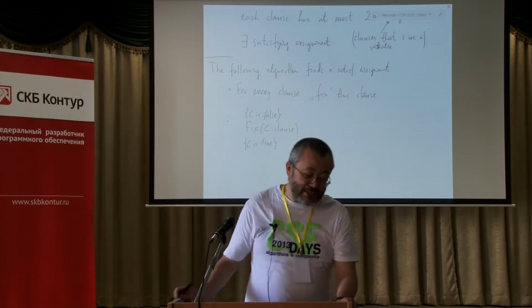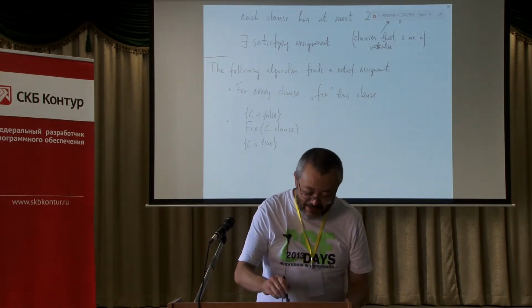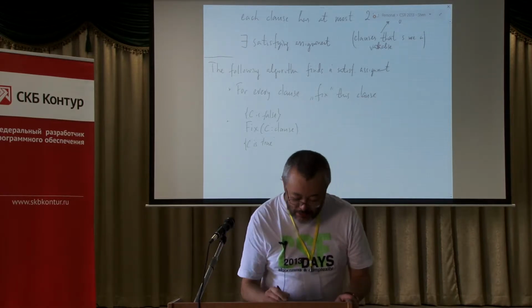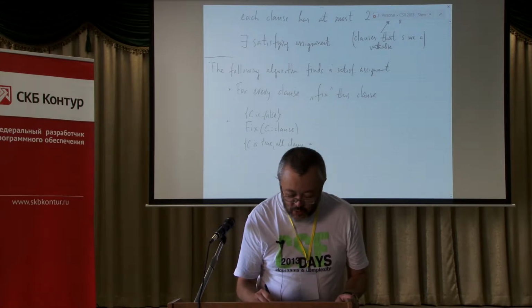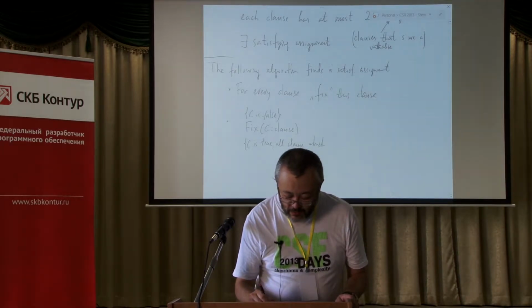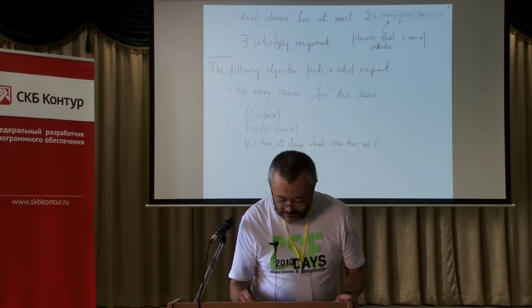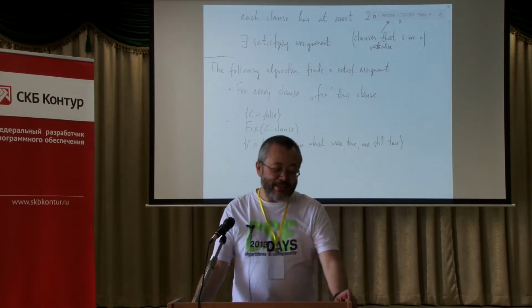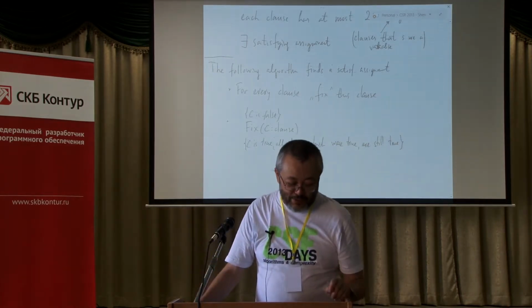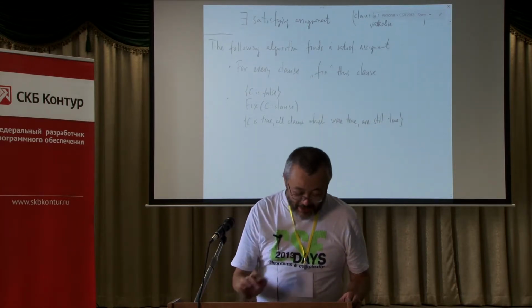Yeah, of course, it's stupid if we can fix just clauses, it's trivial. The problem is that this clause should be true, and all clauses which were true are still true. So after this, I guess that you have no doubts about the correctness of this algorithm. Okay.